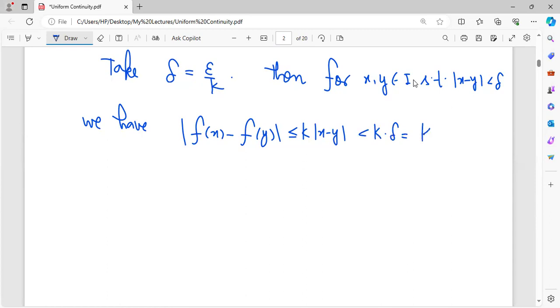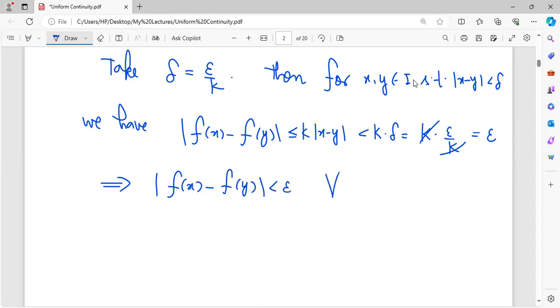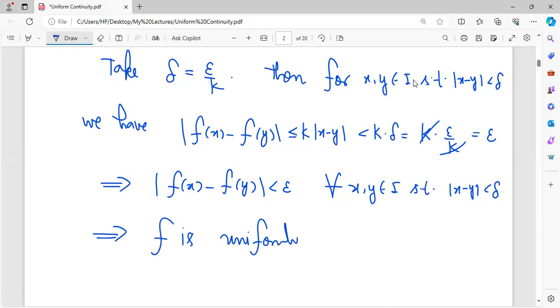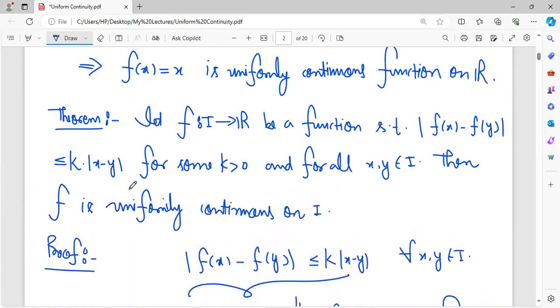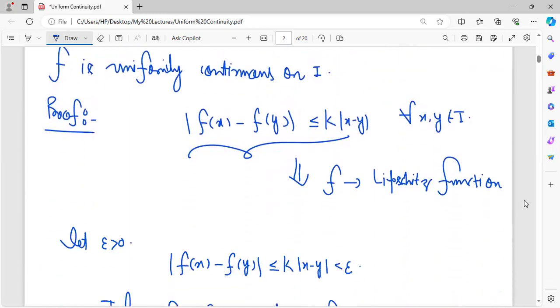What is the value of delta? So it means f is uniformly continuous on I. So every Lipschitz function is uniformly continuous on I. The functions satisfying |f(x) - f(y)| less than k times |x - y| are Lipschitz functions, and we have proved in this theorem that Lipschitz functions are uniformly continuous.